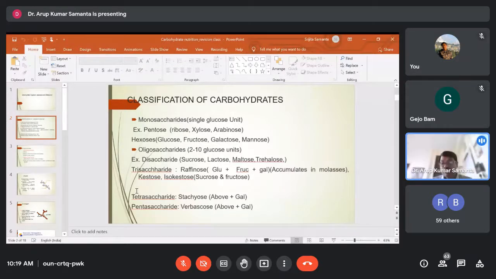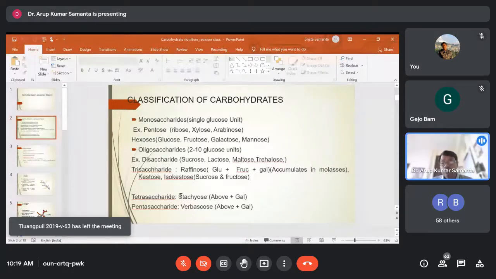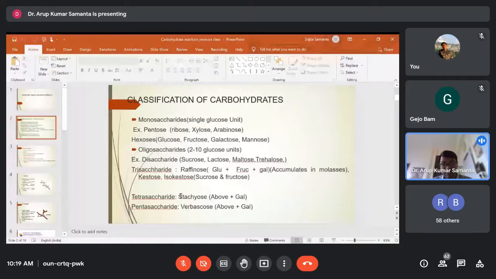Suppose you are asked whether raffinose is a monosaccharide, oligosaccharide, or polysaccharide. Raffinose is 3 units of sugars: glucose, fructose, and galactose. So definitely it comes under oligosaccharides, because any carbohydrate containing 2 to 10 units is considered an oligosaccharide.